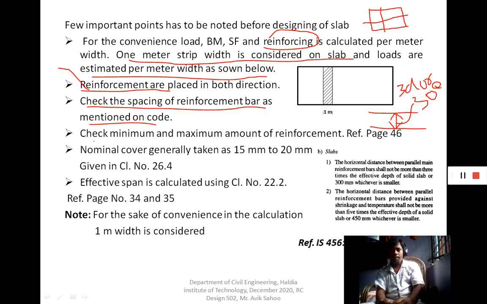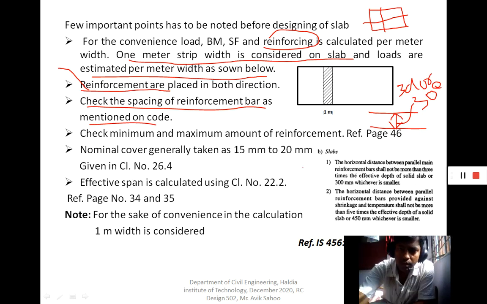Also check the minimum and maximum amount of reinforcement, which is given on page 46 of IS 456 2000.